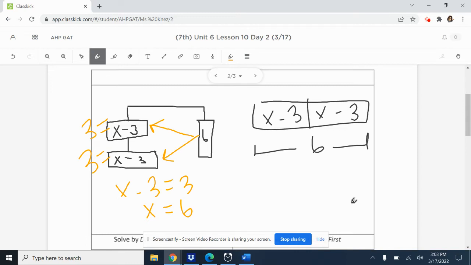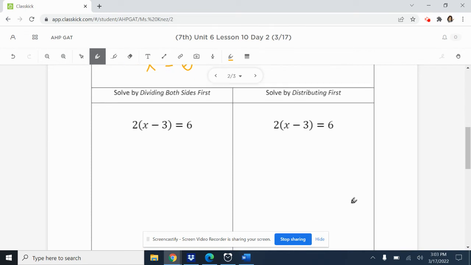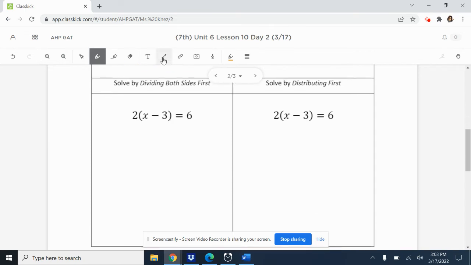But we also have two more formal methods of solving. The first is we can divide both sides by the same term. I'm going to draw a line underneath my equal sign just to remind me that I have my left and right side of my balanced equation. I'll start by dividing both sides of my equation by the same number. In this case, I'm going to divide both sides of my equation by 2.